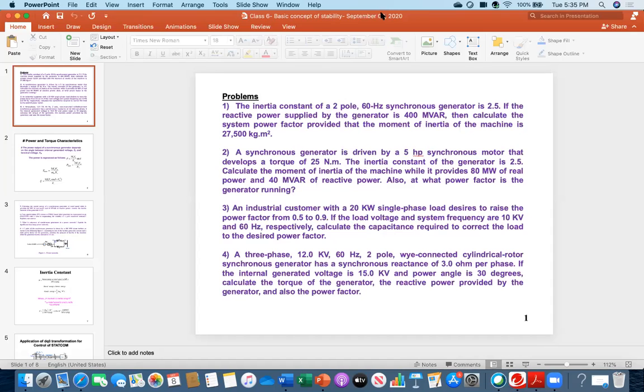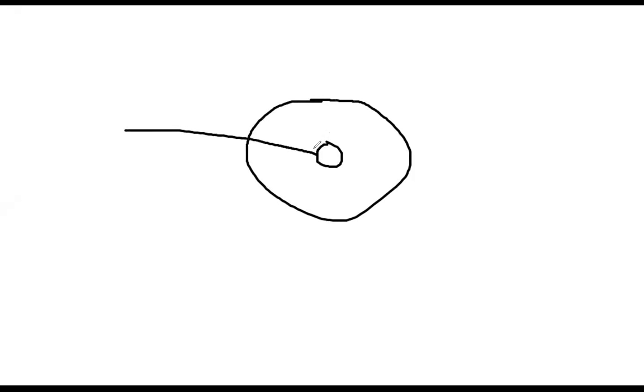For example, this is the synchronous generator shaft. It is rotating, but it is being driven by a synchronous motor.